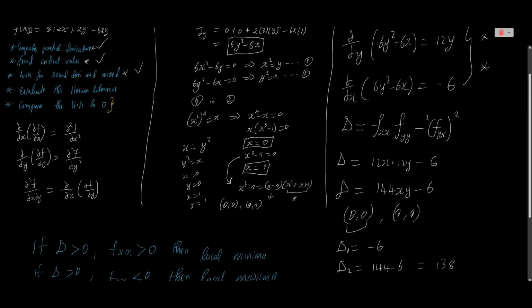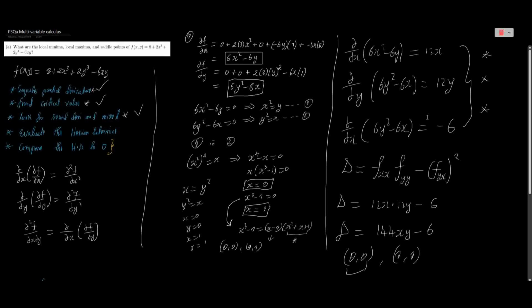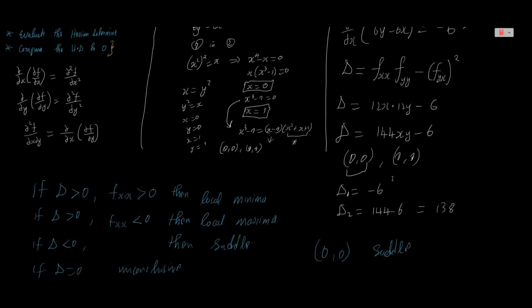The second partial derivative with respect to x is 12x, and if we insert our point... okay, I just realized a mistake somewhere.